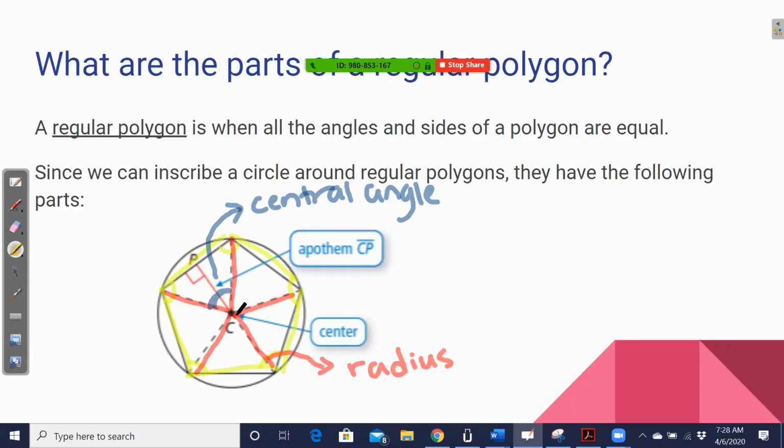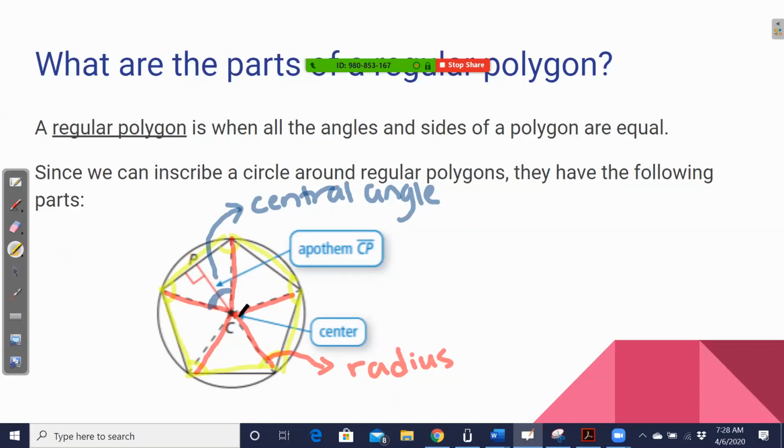Now, over here, this apothem, this line is bisecting or cutting the central angle in half. And so this half would be equal to this half because they come from the same angle.